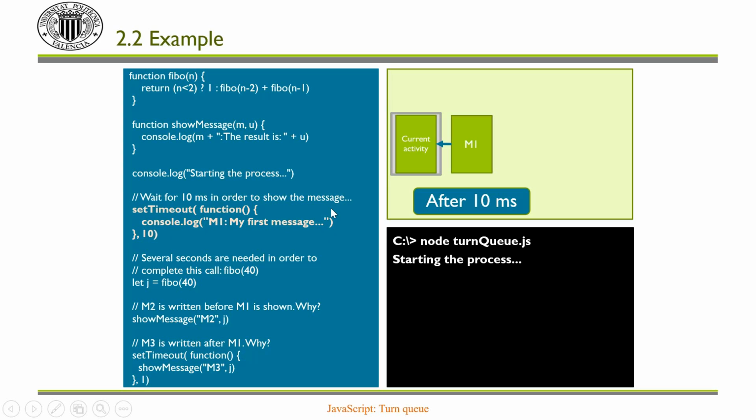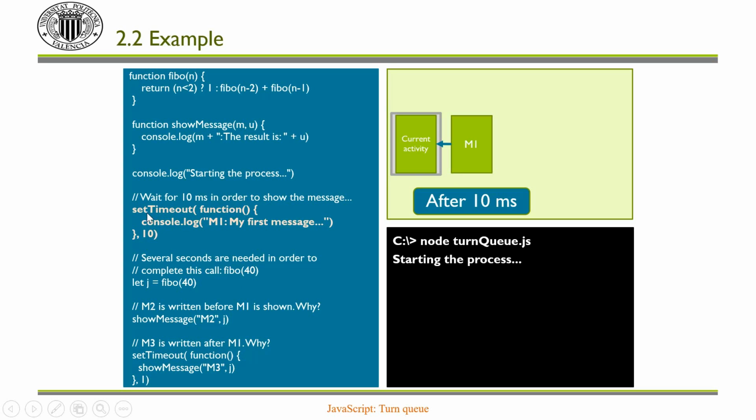So this corresponds to a new event, the execution of this callback. And the corresponding event is placed in the turn queue. Why? Because we have another thread of execution, the main one, that is running all the instructions in the main program.